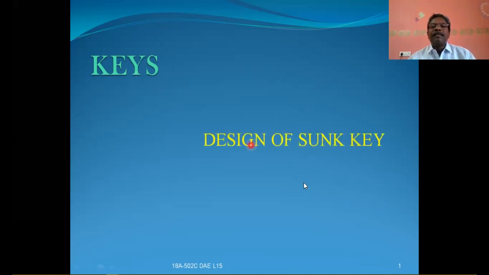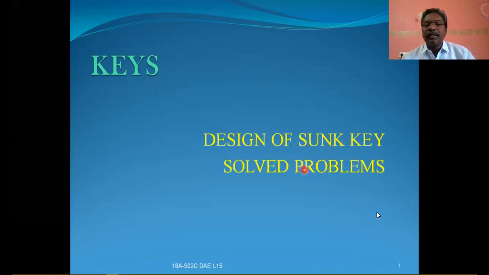We also completed proportions of splines and designation of splines. So today in this lesson, let us discuss the design of Sunk keys and some solved problems.